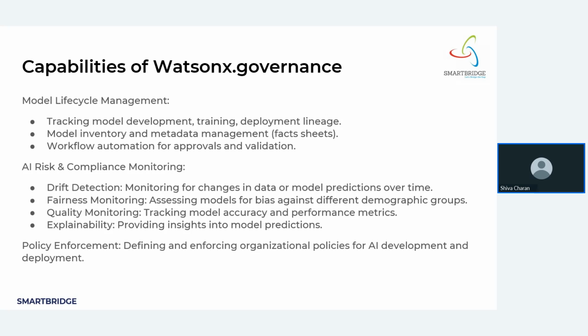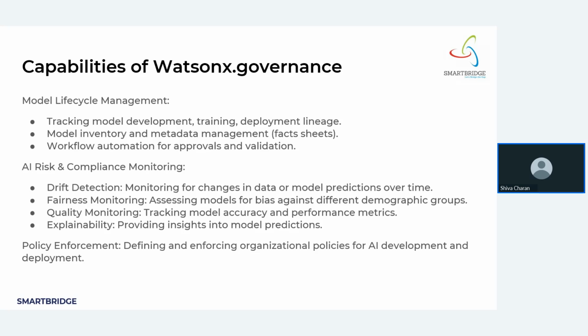What is it? Drift detection, fairness monitoring, quality monitoring, explainability. Drift detection is very important because it monitors for changes in data or model predictions over time.